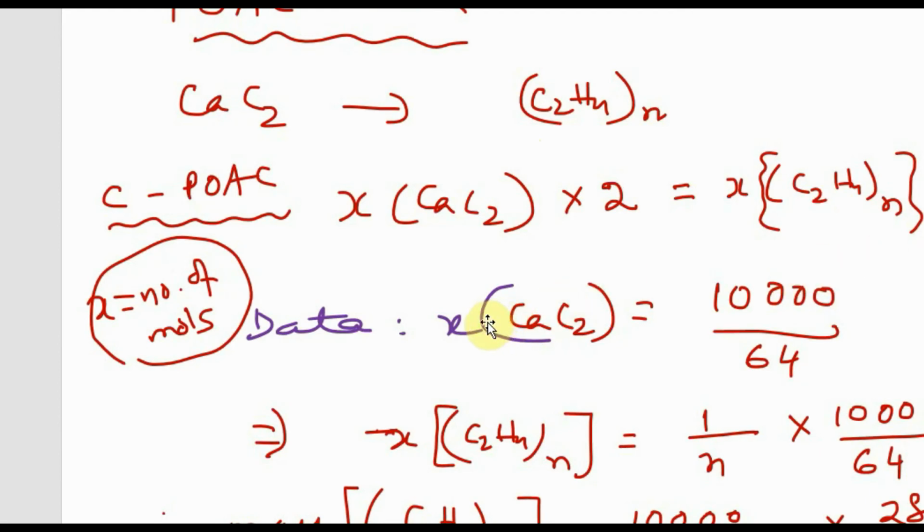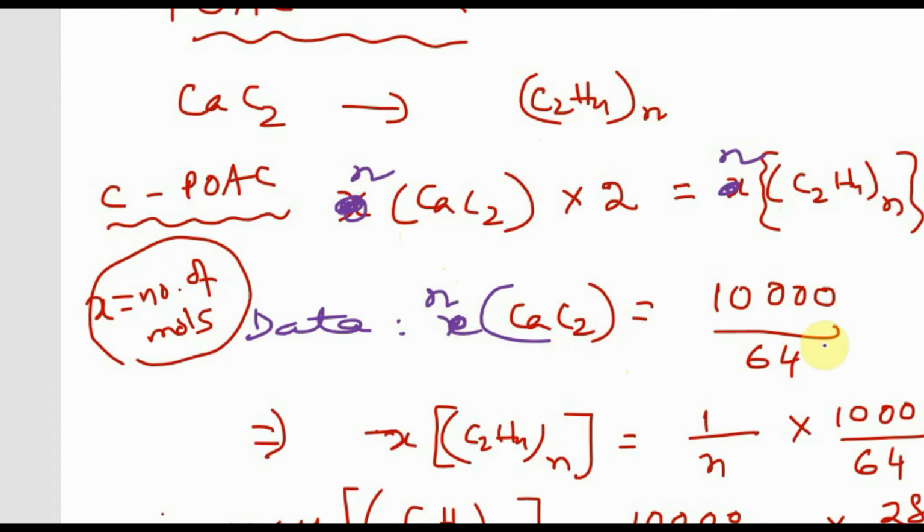Here let us write number of moles rather than number of this. Let us make it n, number of moles. But in the data, the number of moles of the starting material is given, 10 kg, 10,000 by 64, whatever.